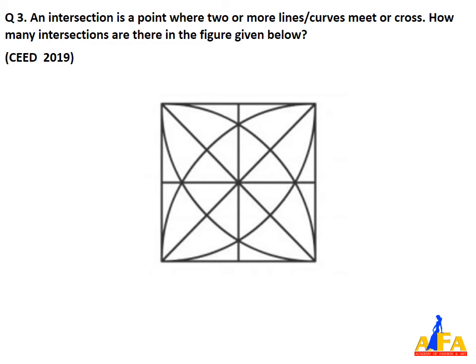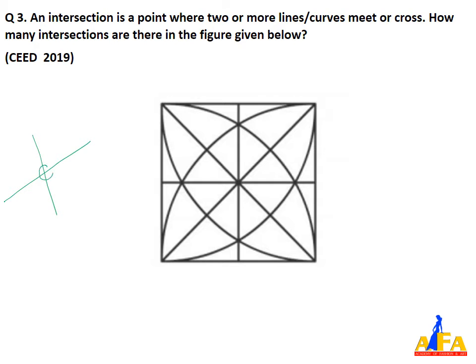Now in the third question the question comes that an intersection is a point where two or more lines or curves meet or cross. How many intersections are there in the figure given below? So what do you mean by the intersection? Intersection means when two or more lines intersect, it is known as an intersection point.